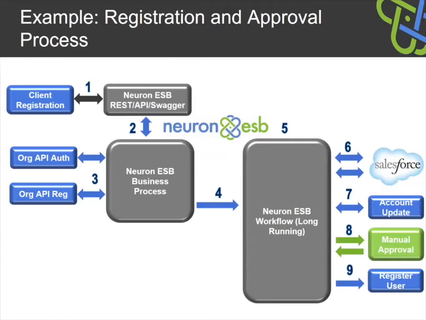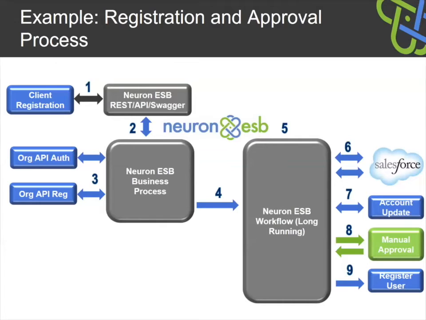And then Neuron is going to intelligently identify that event, that message, and route it back to the correct instance of that workflow that's currently dehydrated in the database. Once Neuron gets it, workflow picks up right where it left off, and it'll finish, register the user.